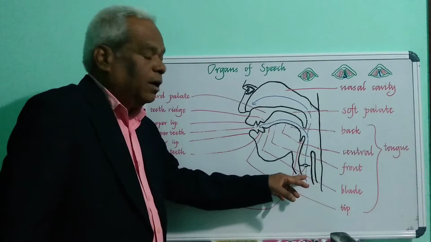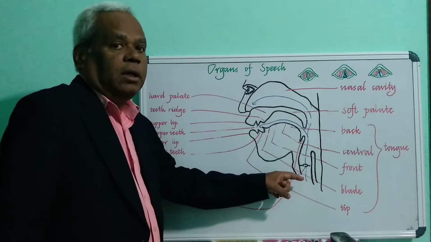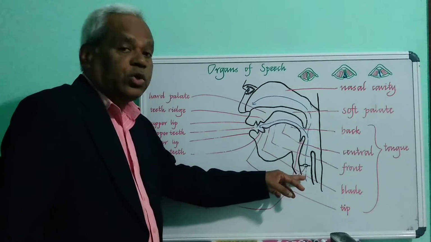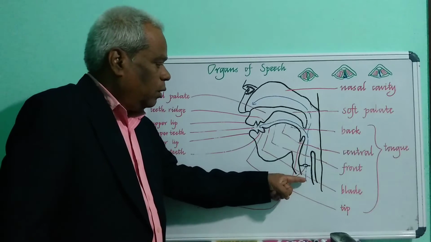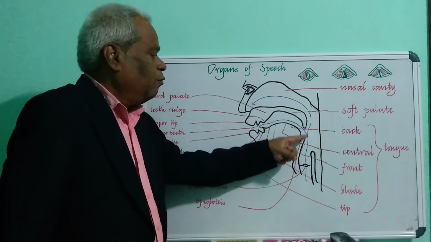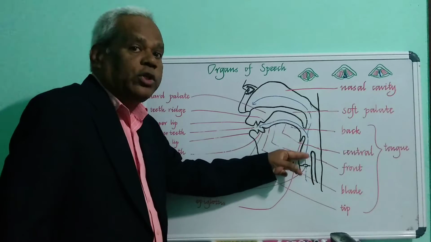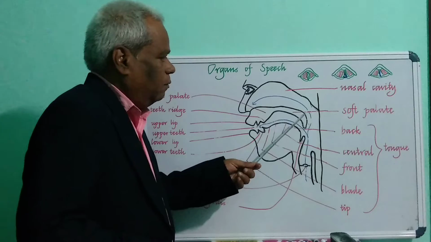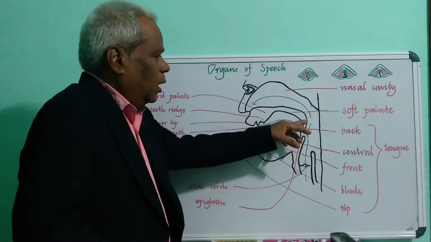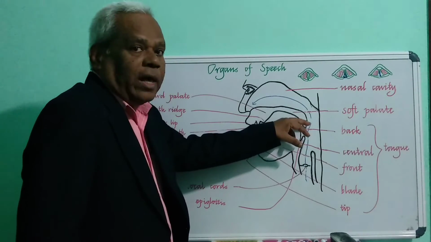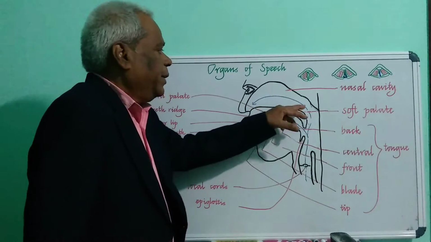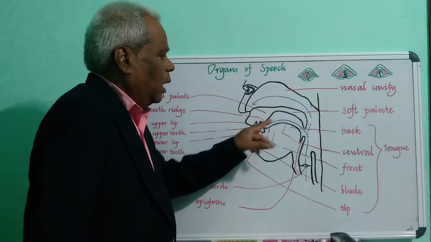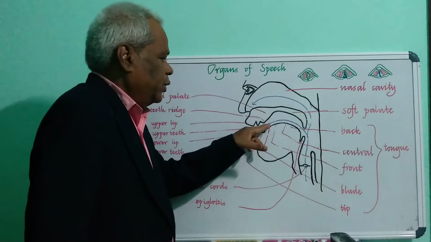Now, the next type of sounds, consonants. For producing the consonant sounds, we use both the voiced air and the voiceless air. And for some sounds, we lower the soft palate and allow the air to escape through the nose, and it can't escape through the mouth.